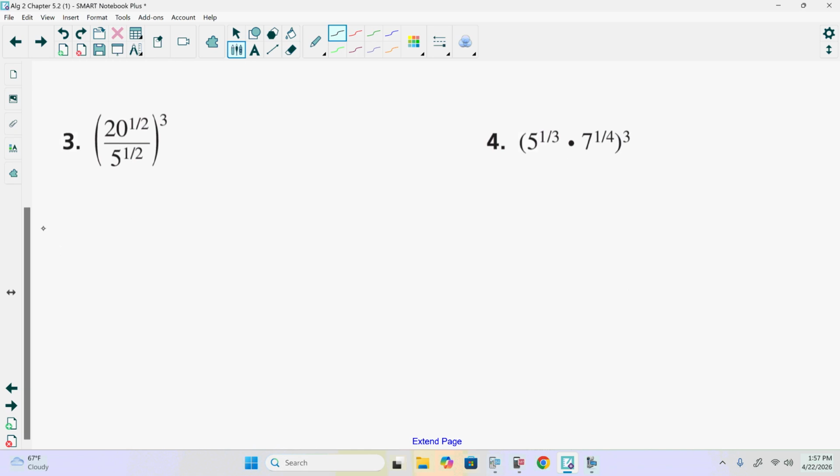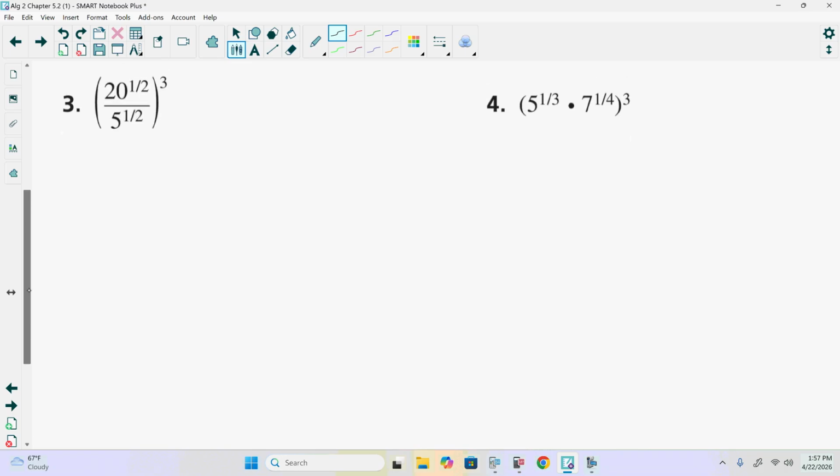20 to the 1/2 over 5 to the 1/2, all to the 3rd. When they're both to the same exponent, they are both to the 1/2 power, and since 20 is divisible by 5, first thing I would do is pull that 1/2 power away from both of them and rewrite it as 20 over 5 to the 1/2 to the 3rd.